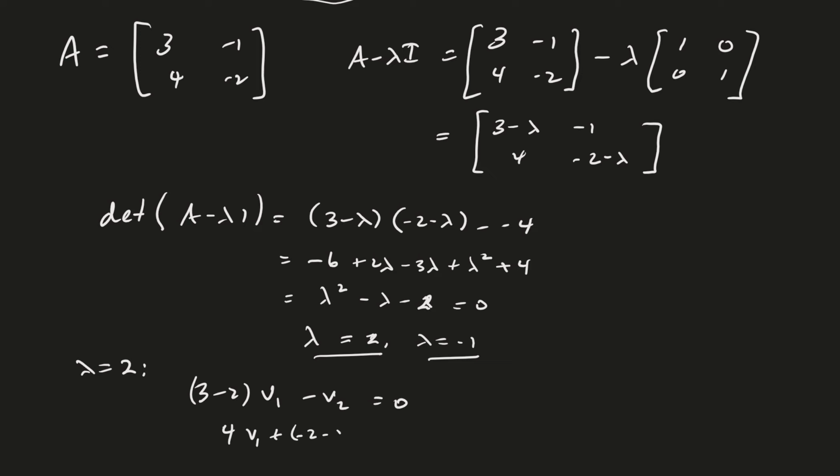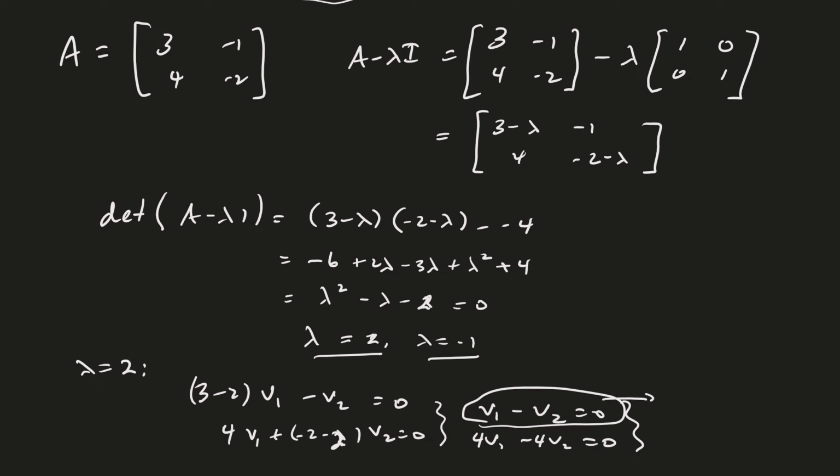I'll just go ahead and put the minus 2 in there. v2 equals 0. Good. Oops, that's 2 there, right? And so simplifying that, you see that we get v1 minus v2 equals 0, or 4v1 minus 4v2 equals 0. And so you see that these are the same line. Should they be? Yes, they should.